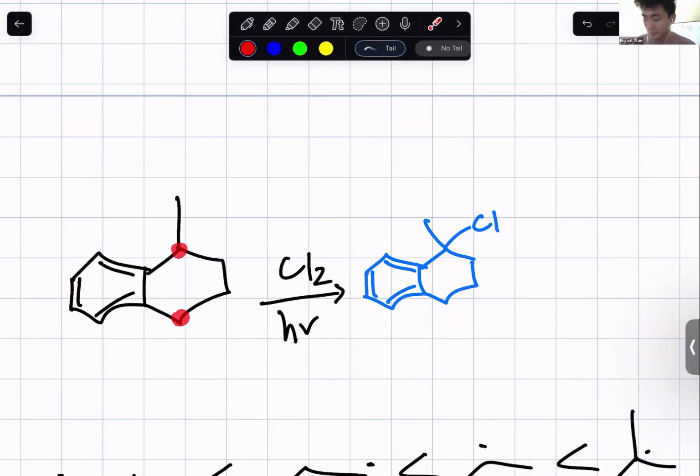And then, because these two have the same amount of resonance, I look at hyperconjugation. Which one is more surrounded? Resonance. Okay, that makes sense.